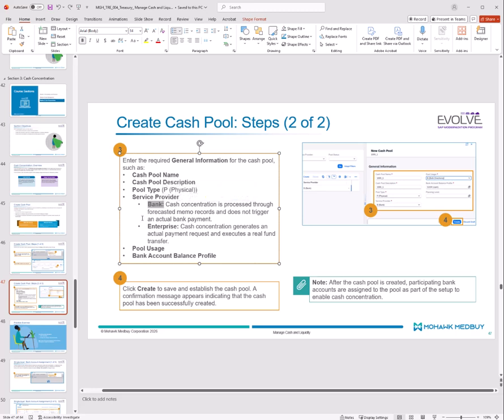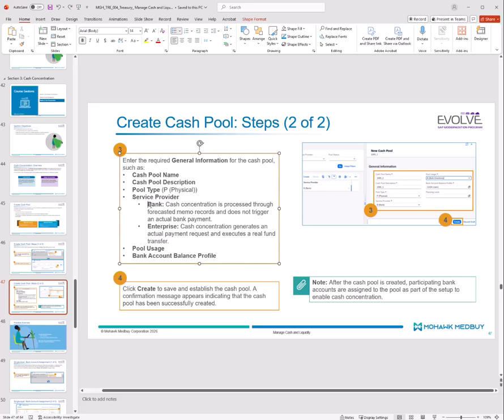Whenever we are making a cash pool, if the service provider is bank, it's only for the memo record. But if we select service provider as enterprise, it means that we are actually transferring funds from one bank account to another bank account. In this case, there is an actual posting in our system, an actual transfer from one bank account to another in our bank, and an accounting entry is generated. But if we select bank, this will only show as a memo record, and it has an expiry.